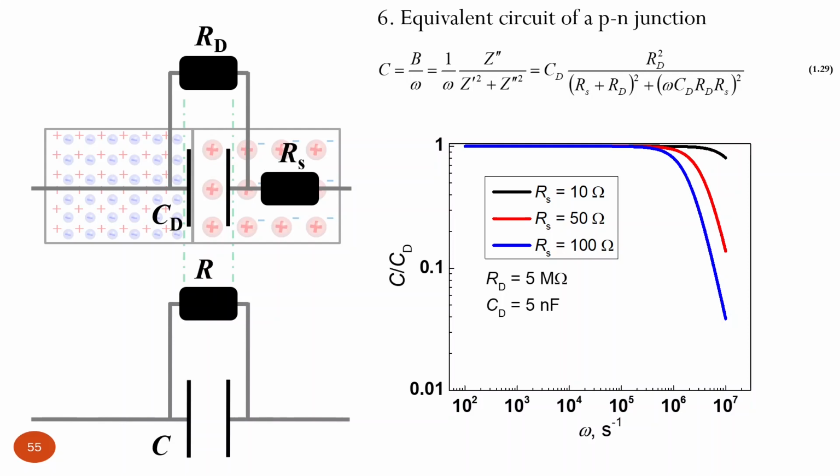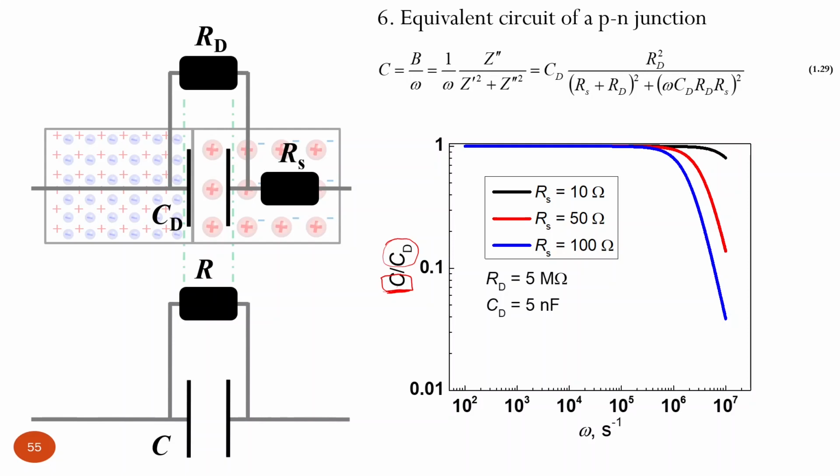Here we plot this C, which we actually calculate with that function, divided by real depletion layer capacitance. So that's what we want to know. But we measure this C, and CD is what we want. So we have the ratio between them as a function of frequency.